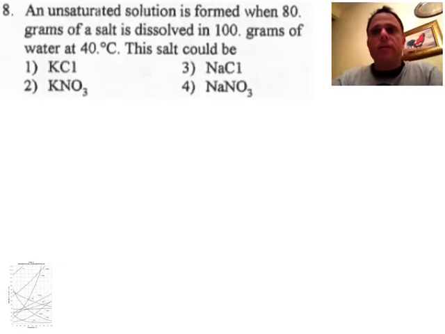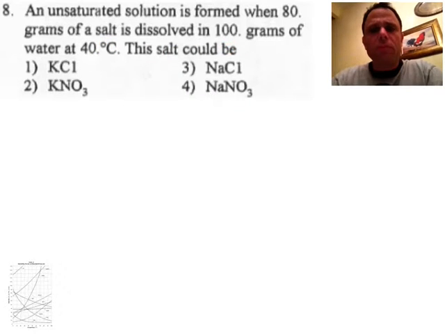All right, number 8. An unsaturated solution. If you listen to the song that I asked you to play, unsaturated would be under the line, and what did Mark Rosengarten say? You could put more in. All right, so an unsaturated solution is formed when 80 grams of salt is dissolved in 100 grams of water at 40 degrees Celsius.